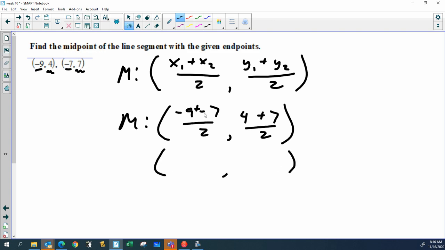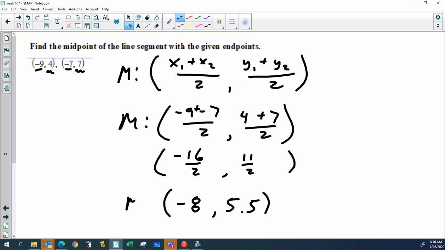Okay, so -9 plus -7 is going to be -16. And 4 plus 7 is going to be 11. Still divide by 2. And now we simplify. So -16 divided by 2 is -8. 11 divided by 2 is 5.5.